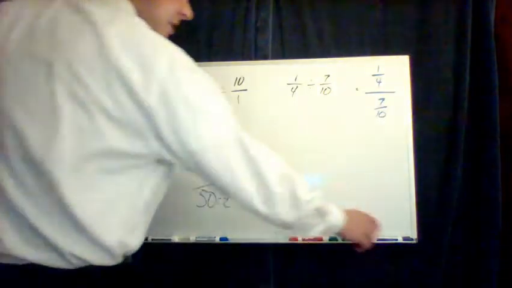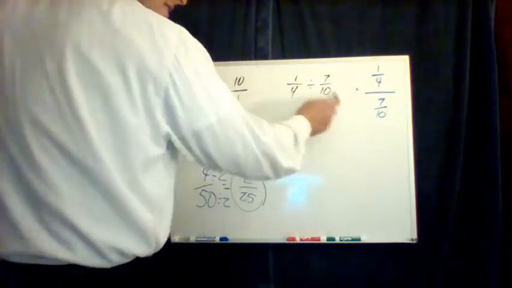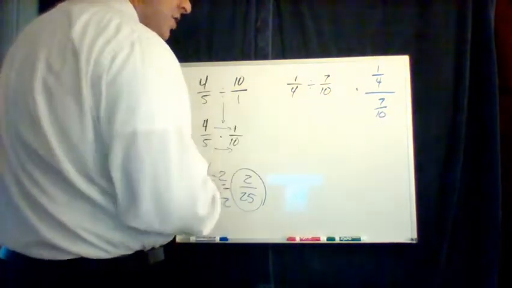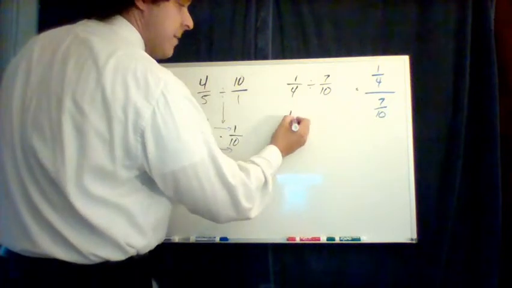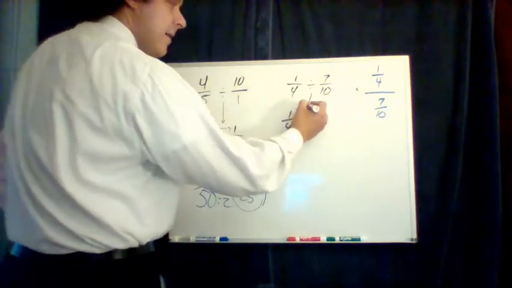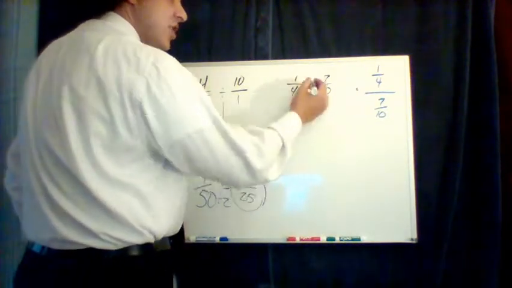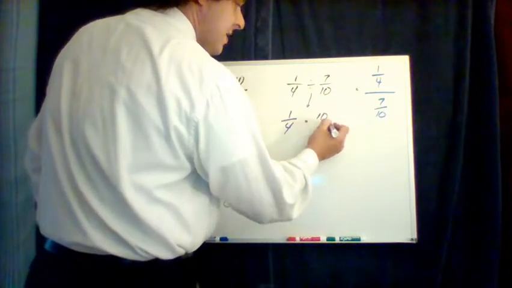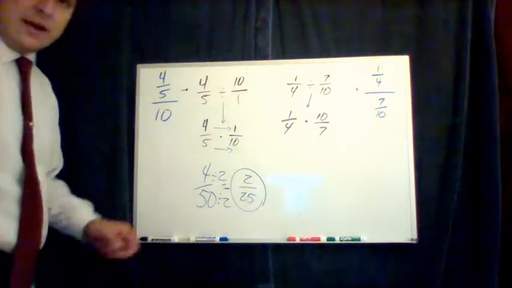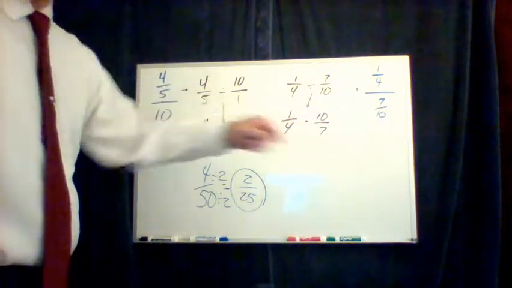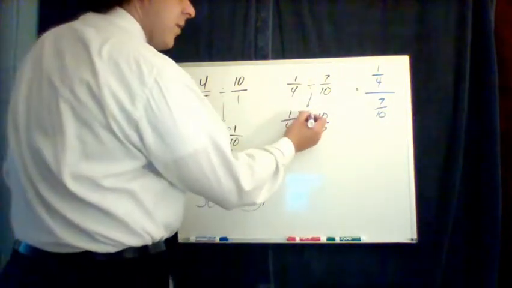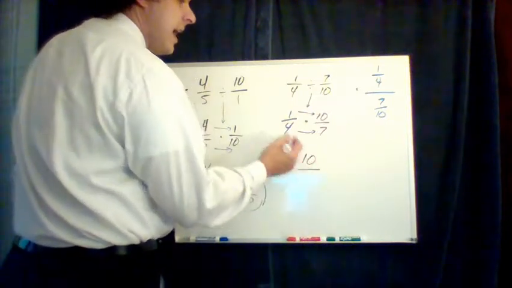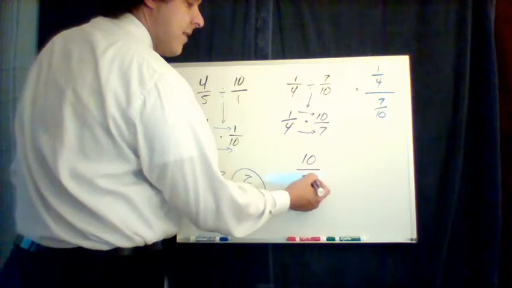Let's go back and try this one over here, when we're dividing these two. Keep, change, flip. Fraction divided by fraction. First fraction stays the same. Keep. Dividing becomes timesing. Change. 7 over 10 flips. The reciprocal is 10 over 7. Okay, so now we have 1/4 times 10/7. We're going to times straight across here and here. 1 times 10 is 10, and 4 times 7 is 28.